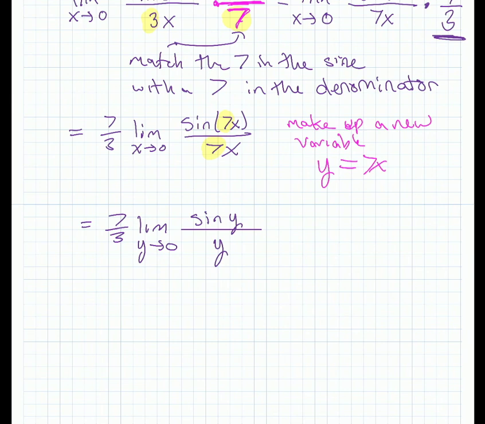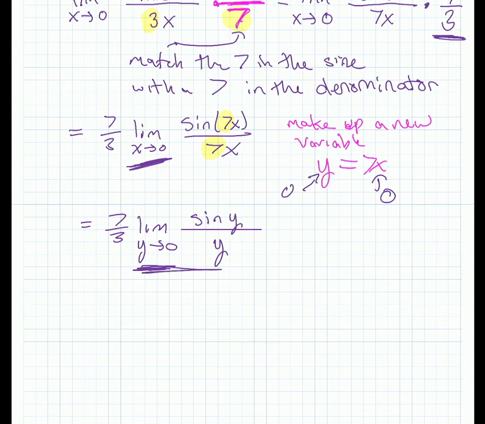The reason I can say y goes to 0 here is because x was going to 0. If x goes to 0, wouldn't y also have to go to 0? Because y is 7x, and 7 times 0 is 0. So you can replace all of the 7x's with y's, and you get this.